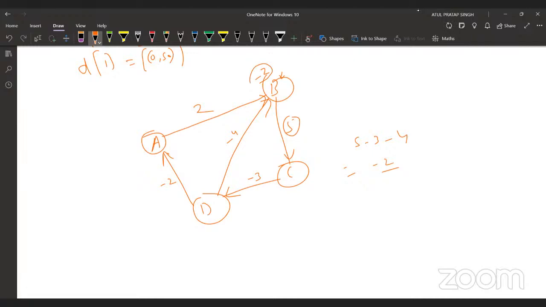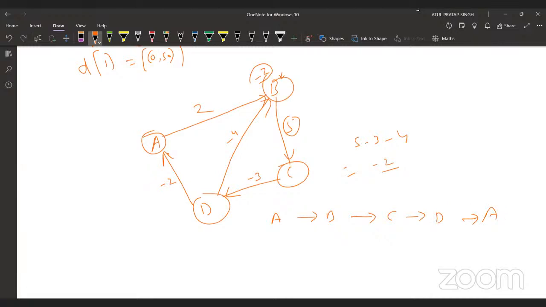If we consider A, B, C, D, A, is this a negative weight cycle? A to B to C to D, no. This is also a cycle in our graph, but it is not a negative weight cycle.